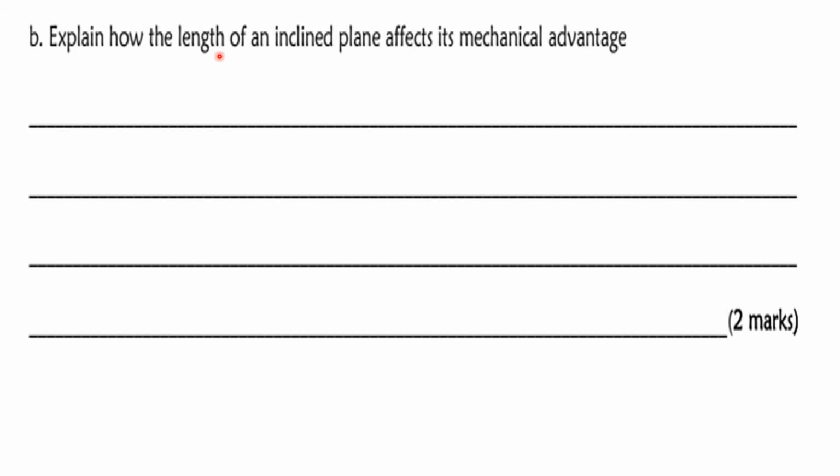Part B, explain how the length of an inclined plane affects its mechanical advantage. An inclined plane, by the way, is a simple machine. It's something like this. Let's suppose that you are trying to get an object to a certain height, h.